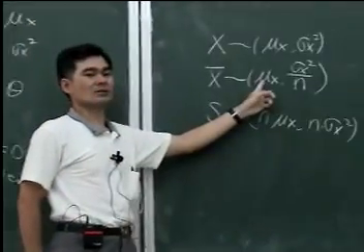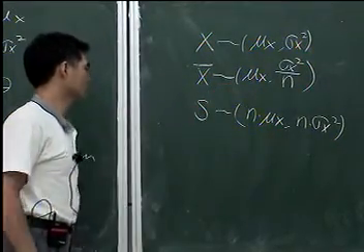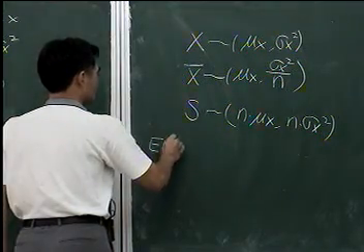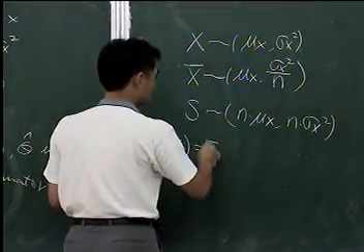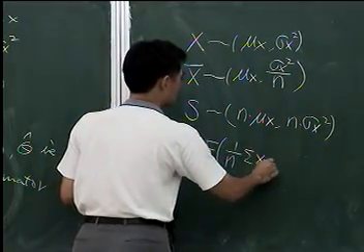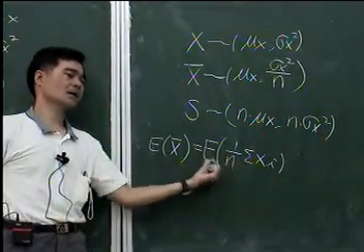And now we want to show you X bar is an unbiased estimator, because the expectation is equal to the mean, mu X. Let us try again. So we have expectation of X bar, which is equal to expectation of 1 over n summation xi, because this is exactly the formula.